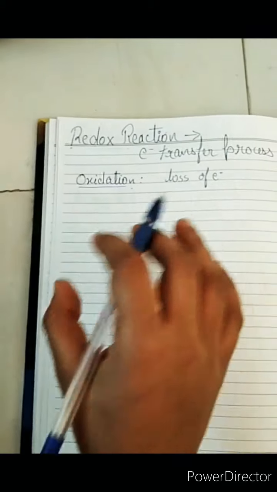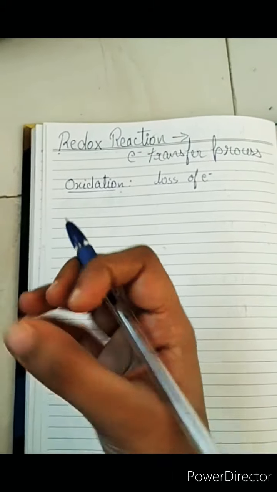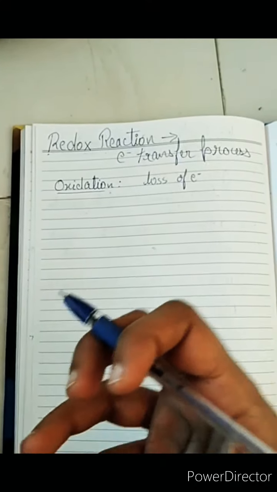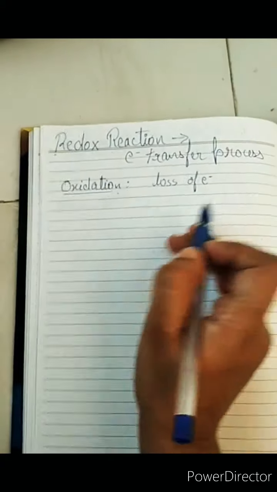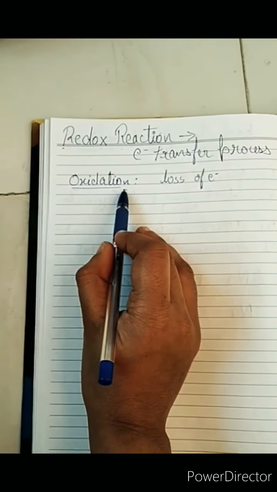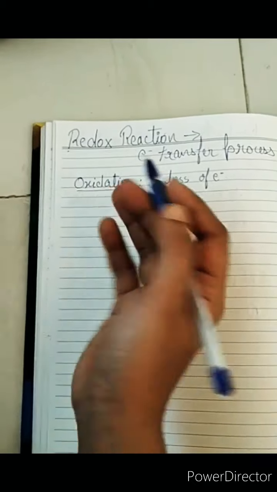And if you want to know whether the element is going under oxidation or reduction, so if the element is going in oxidation state, it has to follow any of these criteria.